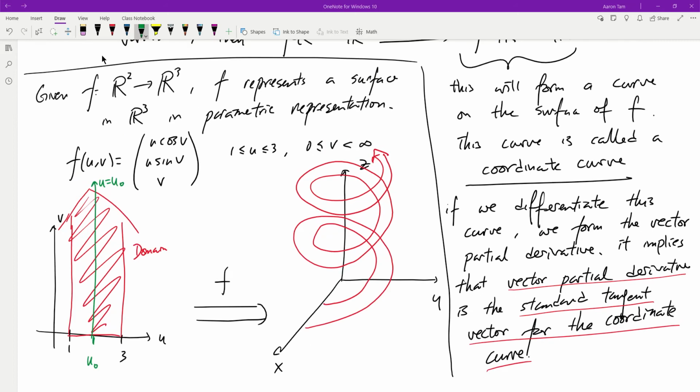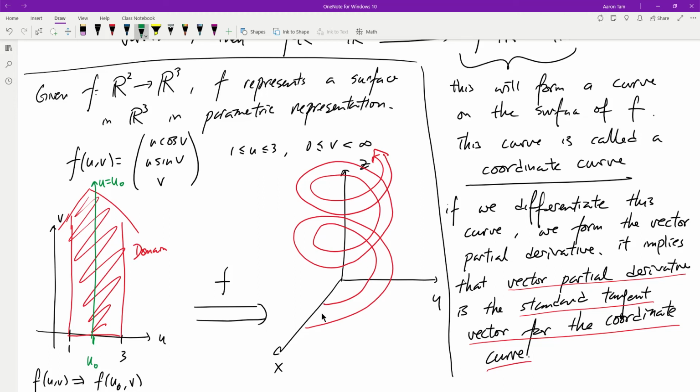So if you think about it, when I fix u to be u sub 0, my function f of (u, v) would turn into f of (u sub 0, v). And notice that means now I only have one variable that's changing, which is our v. That's why it becomes a curve.